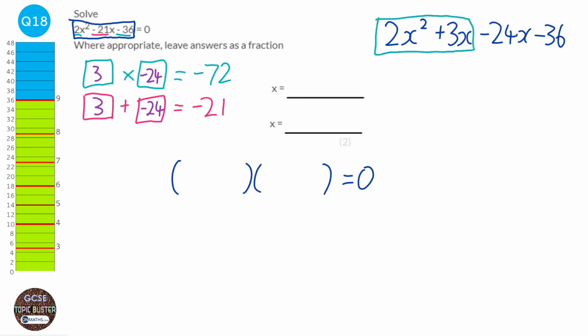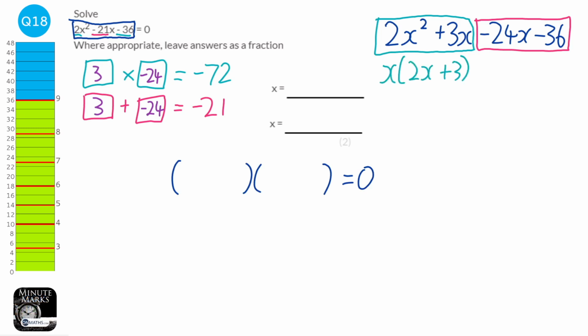And we're going to do both of these separately. First two terms and second two terms separately. So we're going to factorise them linearly. So I'm going to take the x out of both of these. Now here, don't forget the minus needs to be on the outside. So we've got minus, and it's going to be 12.